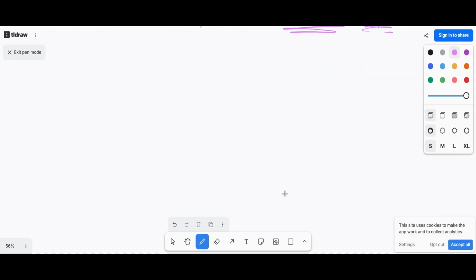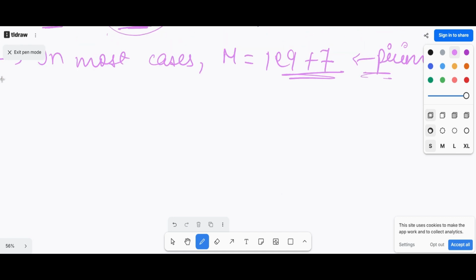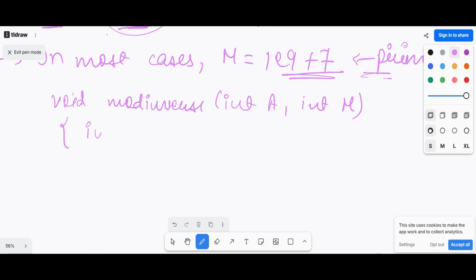So now our mod inverse is like mod inverse int a, int m. Now directly we will do what? Not GCD extended, we can write __gcd of a comma m.